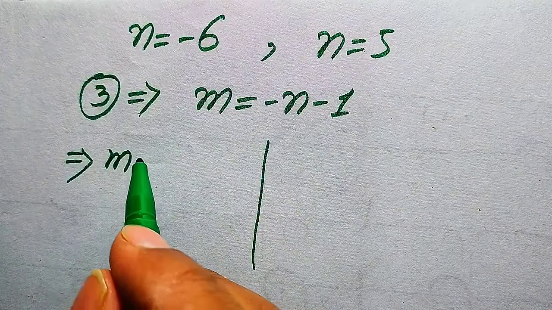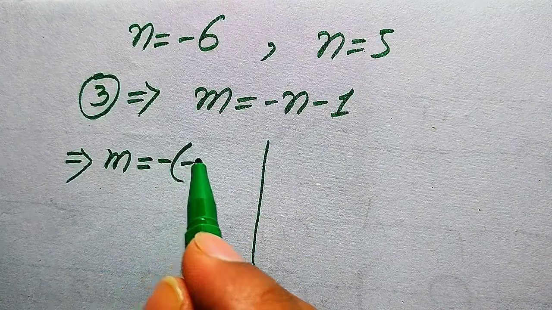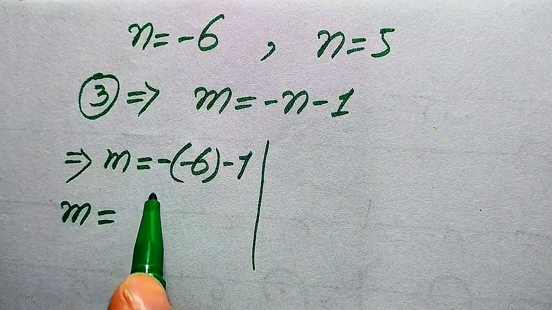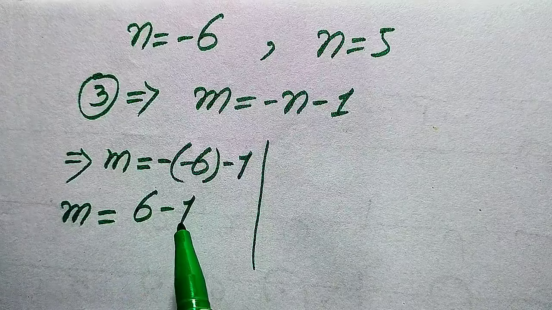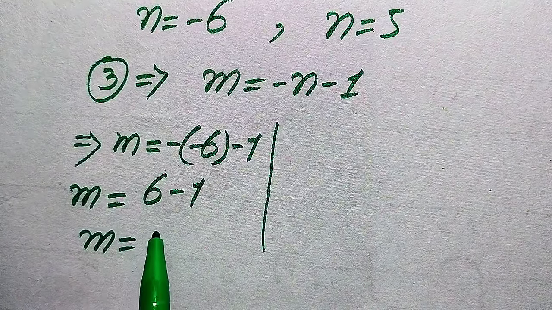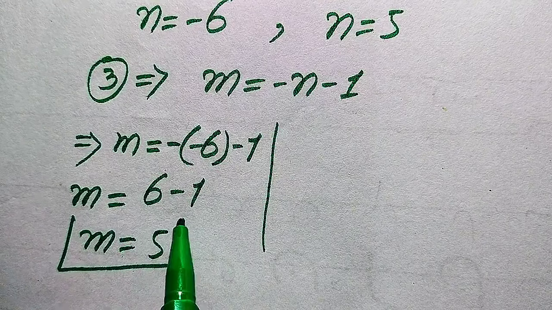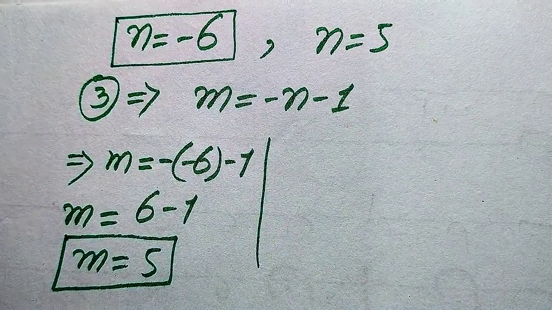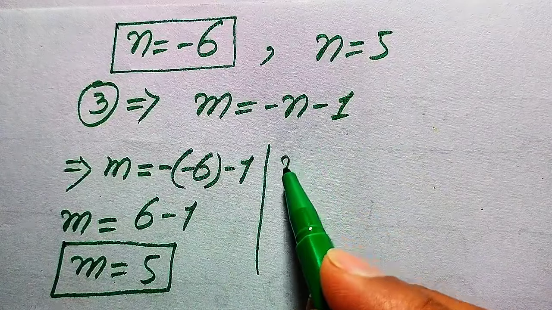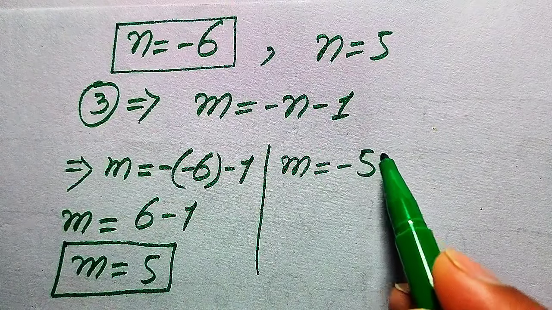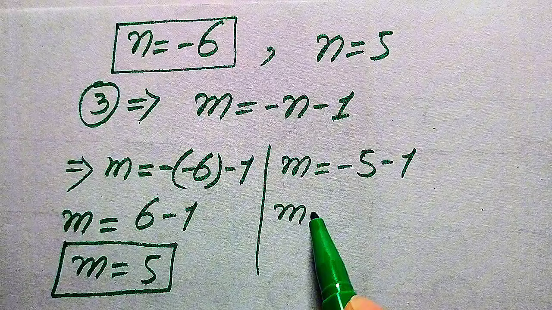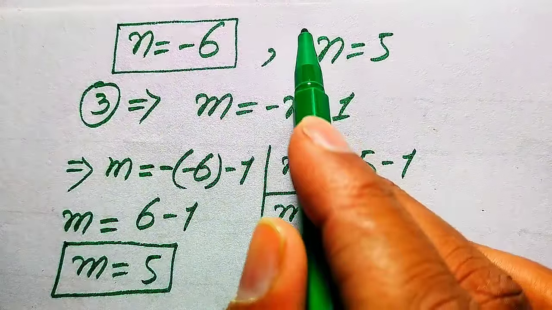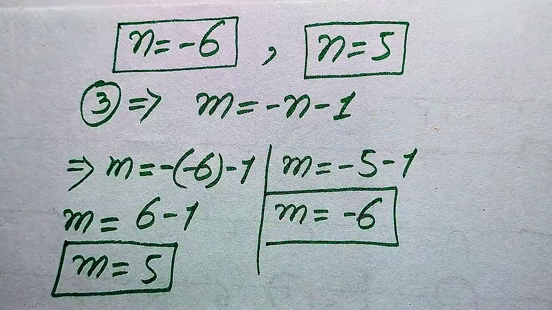This is written as m equals -(-6) minus 1, and we get m equals plus 6 minus 1, so m equals 5. This is the value of m corresponding to n equals -6. And when we put n equals 5, it becomes m equals -5 minus 1, and m equals -6. This is the second value of m corresponding to n equals 5.